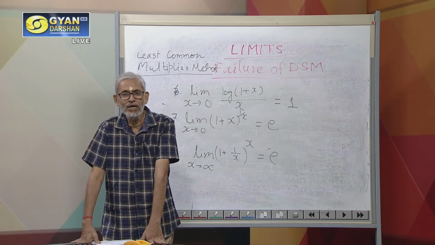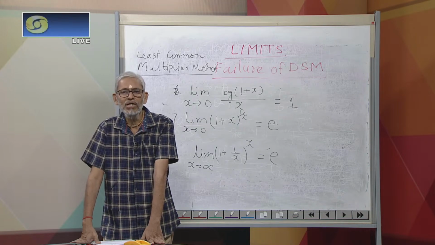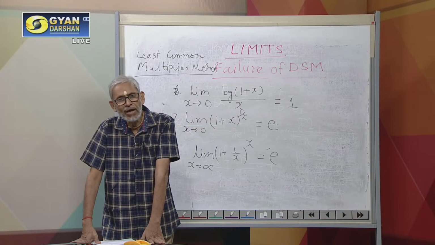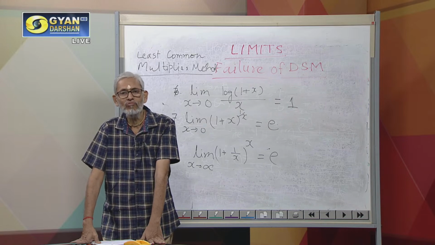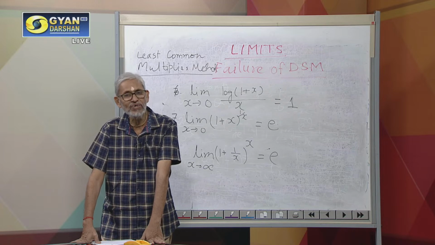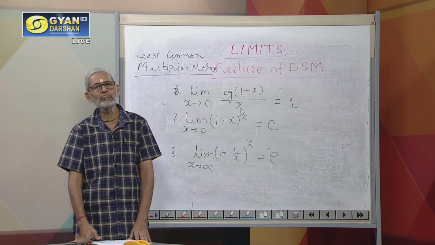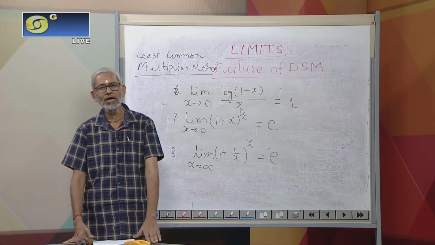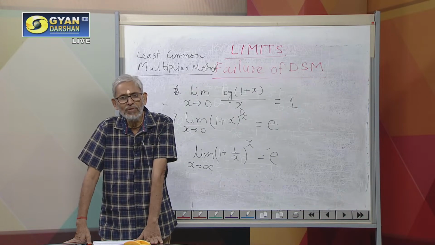Because if it comes in the form of indeterminate form, that is 0 by 0 or infinity minus infinity or infinity by infinity or 1 to the power infinity or infinity to the power 0, in such forms these are called indeterminate forms. So, in such cases we use other methods.